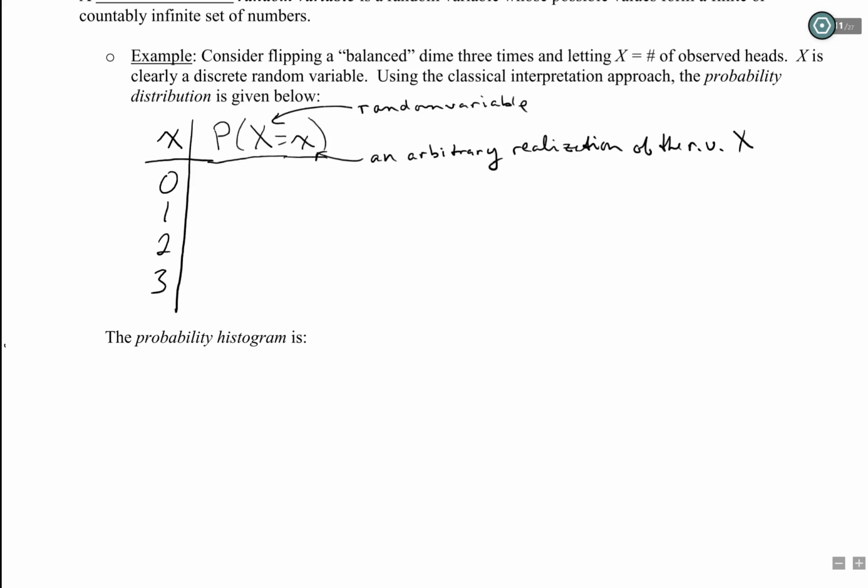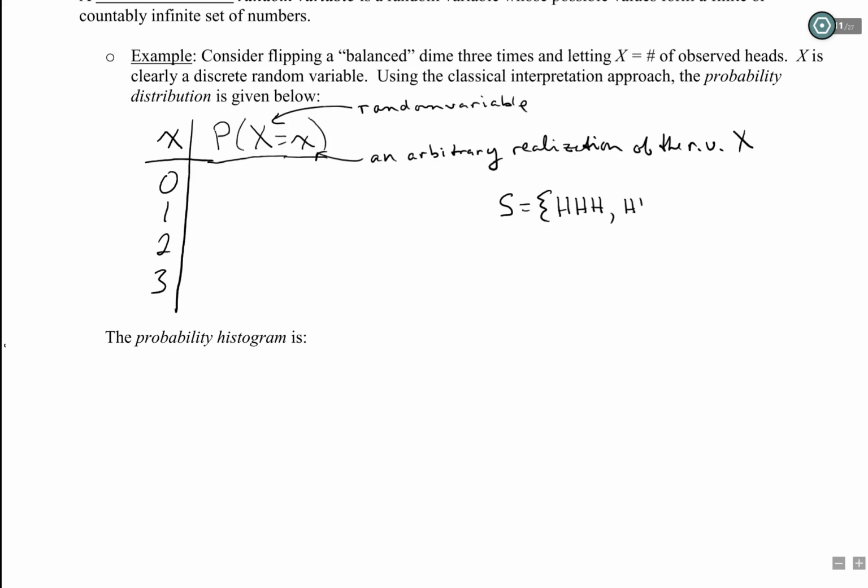What are their associated probabilities? What's the chance that I would see 0 heads out of 3 flips? Let me come back to some basics here. The sample space for this experiment looks something like this. I could toss 3 heads in a row.